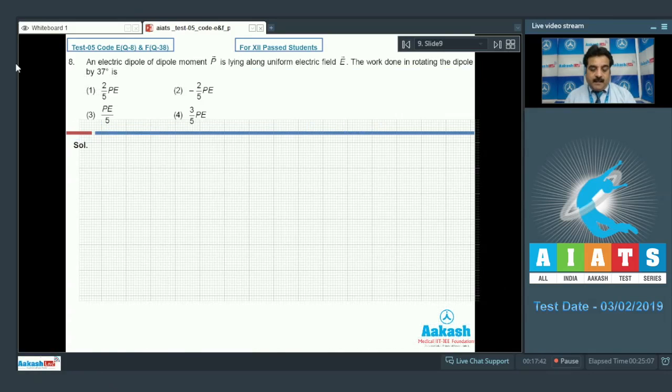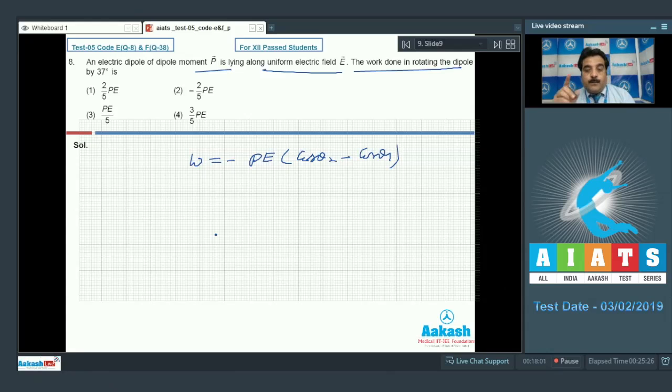Question number 8. An electric dipole moment P lying in a uniform electric field E. The work done in rotating the dipole by 37 degrees. You know the formula of work done: minus PE times cos theta 2 minus cos theta 1. Since the dipole is lying along the electric field, theta 1 will be 0 and theta 2 will be 37.